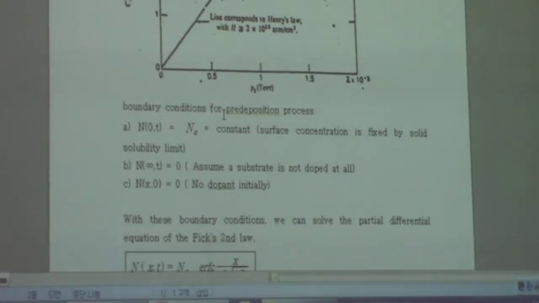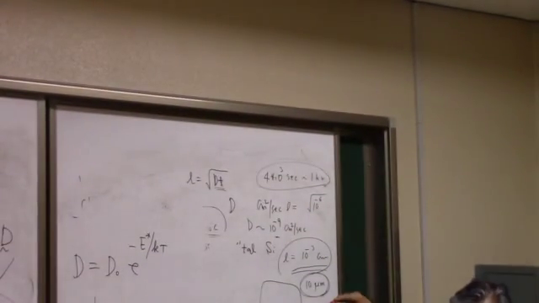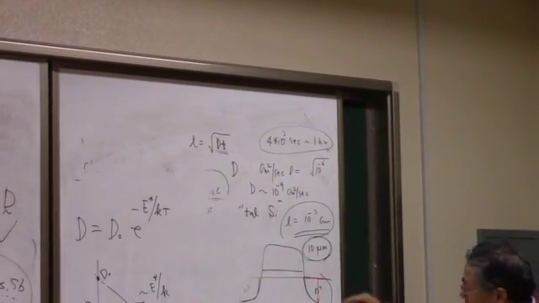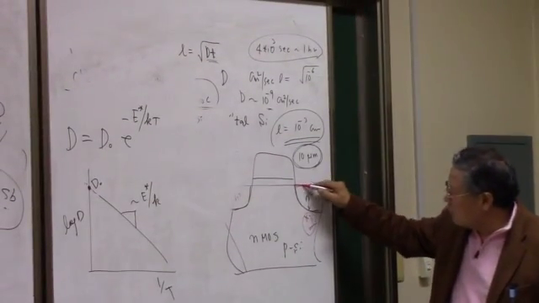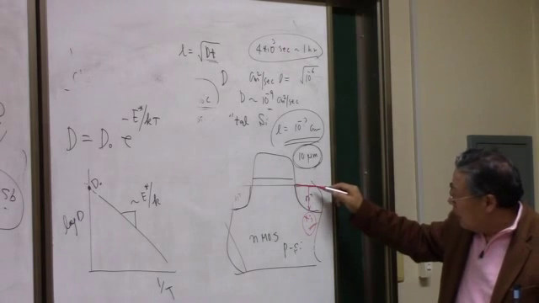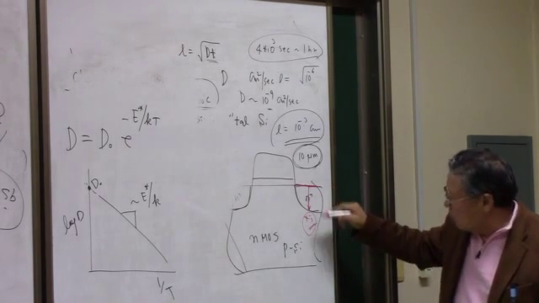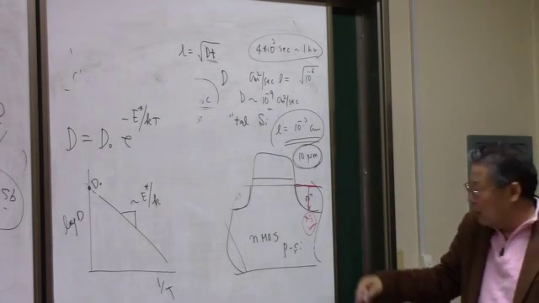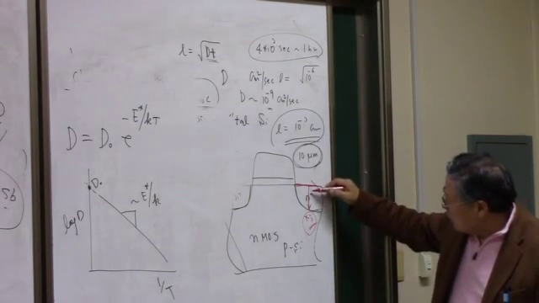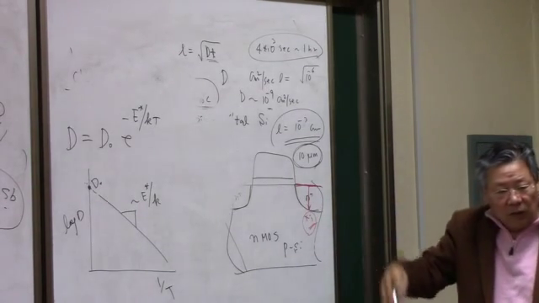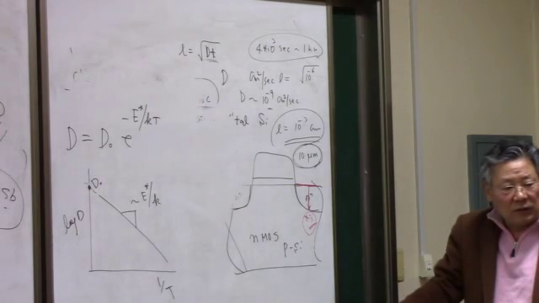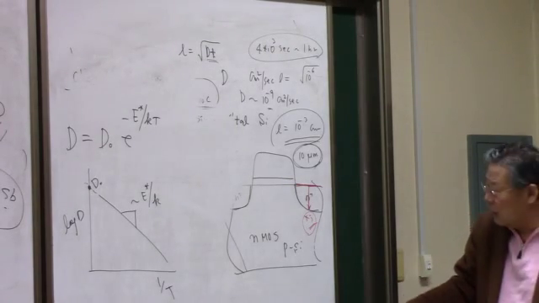Okay, and then we determine the junction depth. For this junction depth, we want to see from the surface how the dopant concentration is going to change. Obviously, we have a high concentration of the dopants at the top, and then if you move along the depth of the single crystal, you have a lower dopant concentration along the depth.